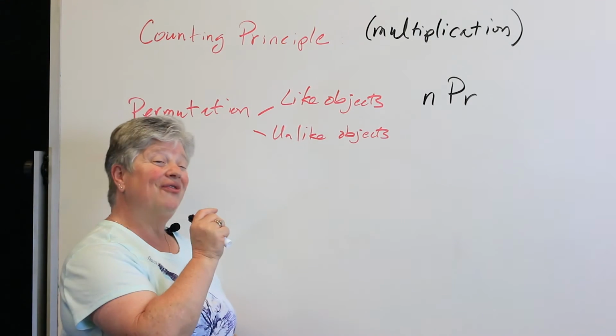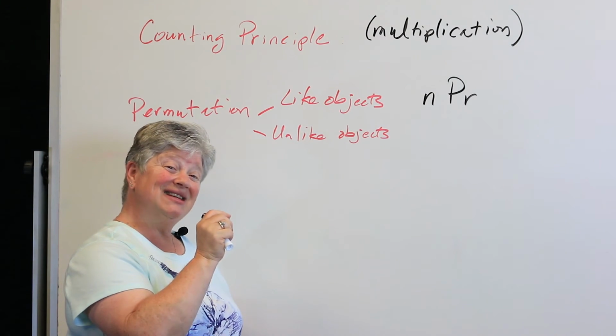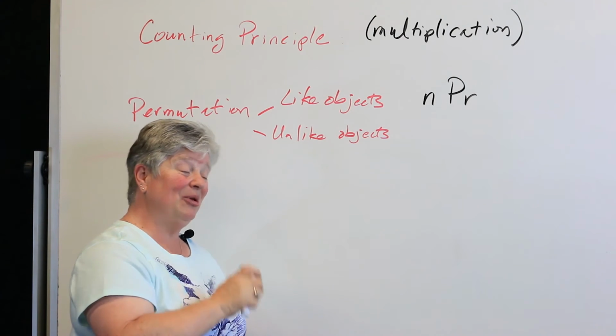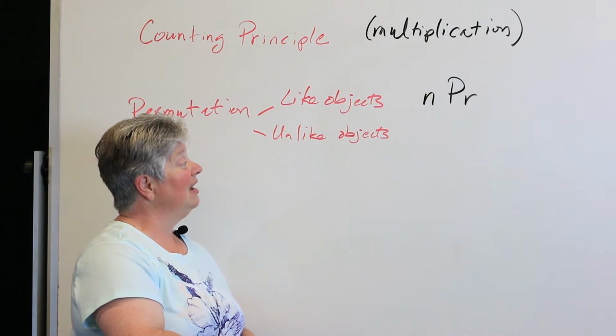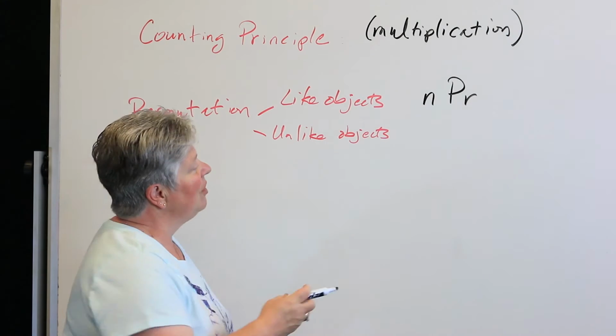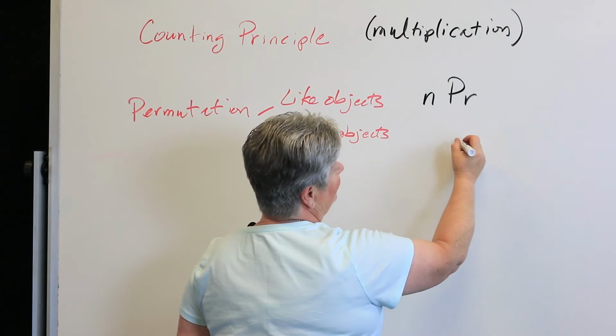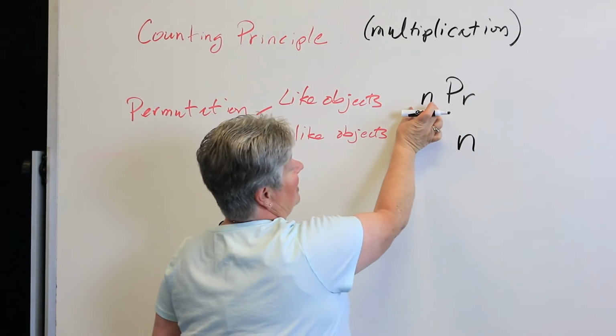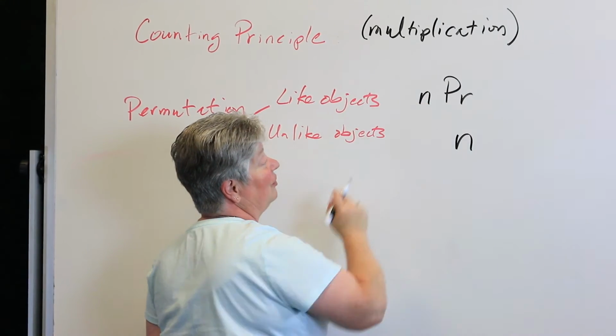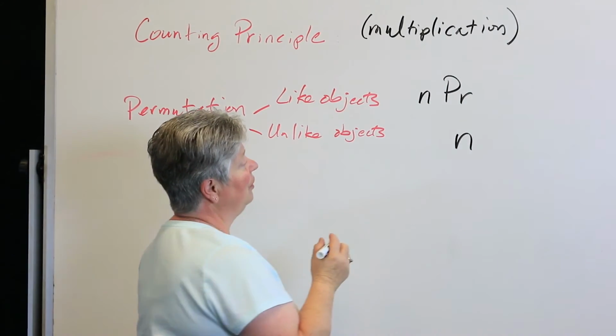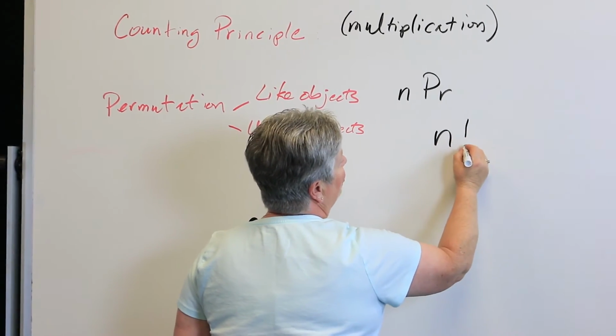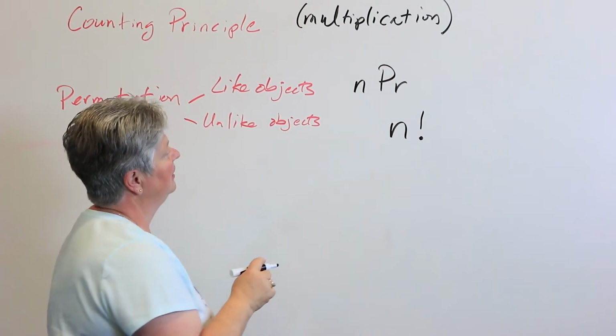And while the formula, I think, looks a little bit daunting, it's not horrible. We're going to be able to work with this pretty easily. The formula says we're going to take the total number of objects. Now remember, this is the same way we determined n here. So total number. We're going to take a factorial, which I'll explain here in a second.